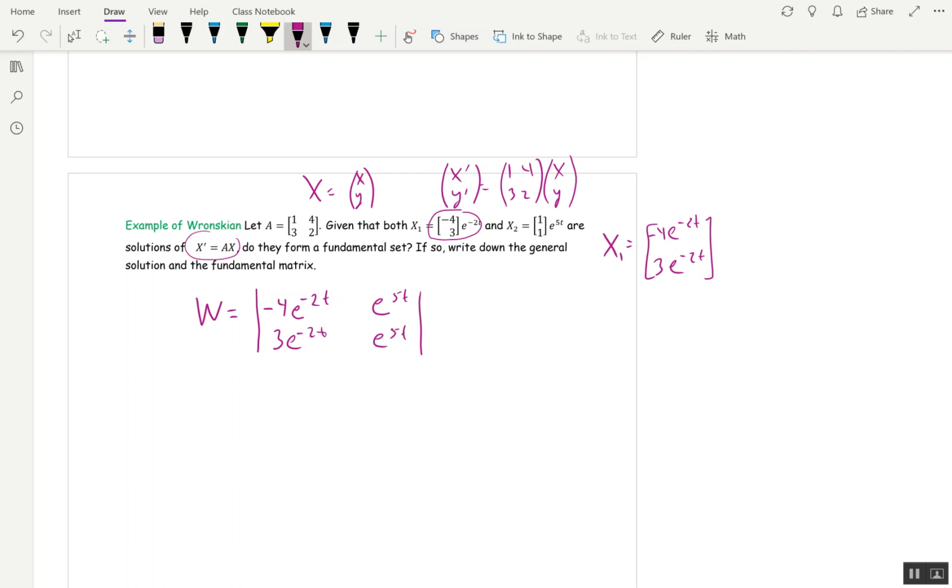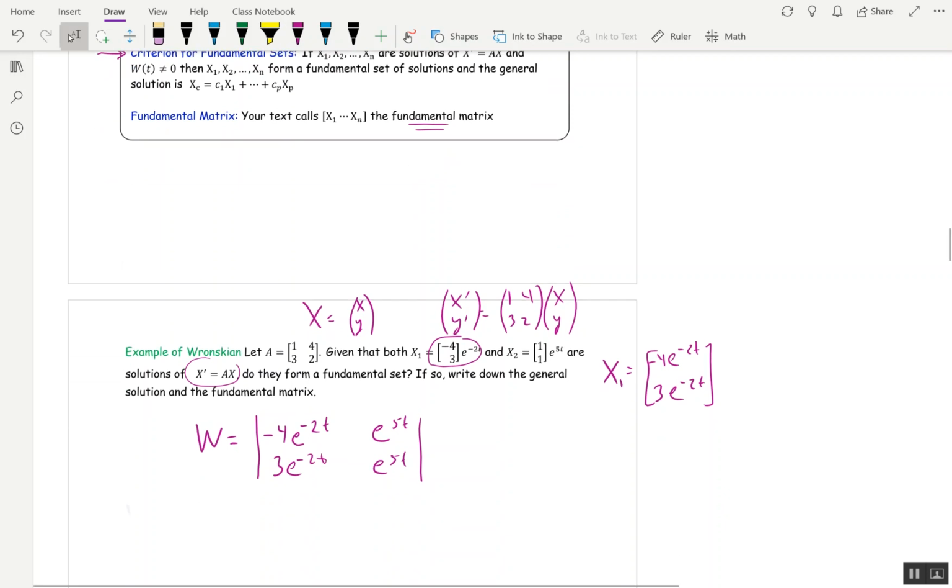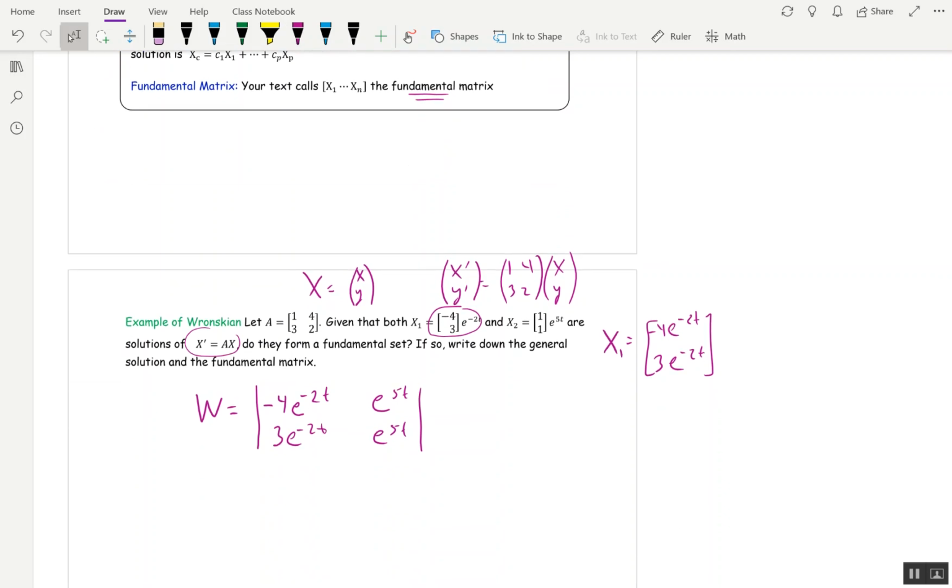You're just putting x1 and x2 in as columns of a matrix, and you're finding the determinant. So you can either use this notation, W is that, or put brackets on this and write DET out front.